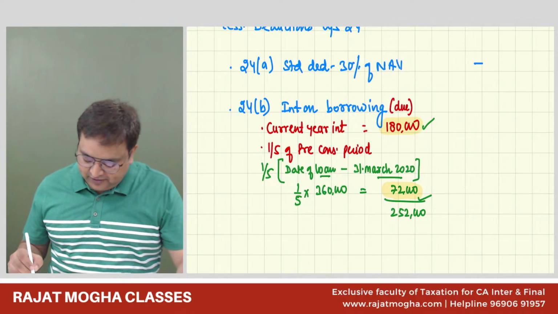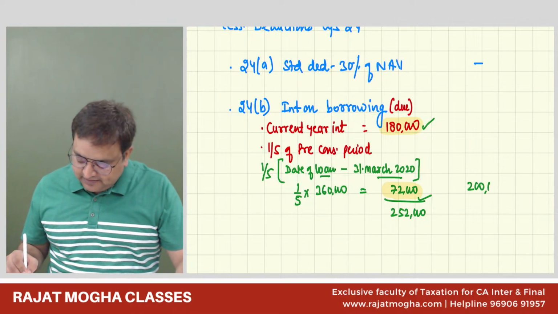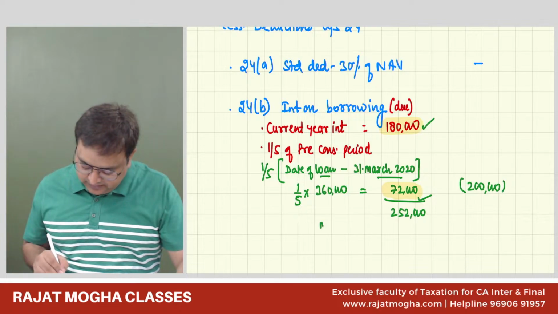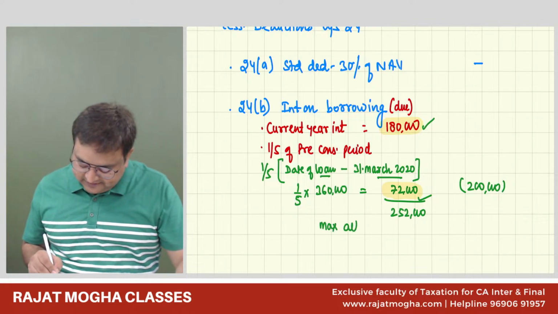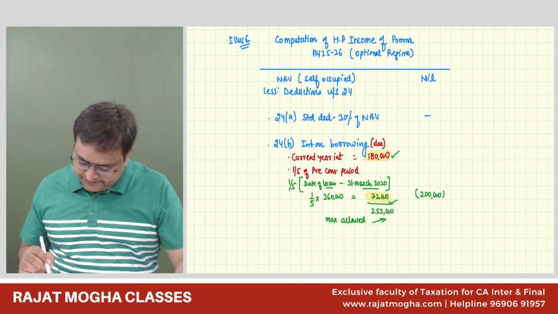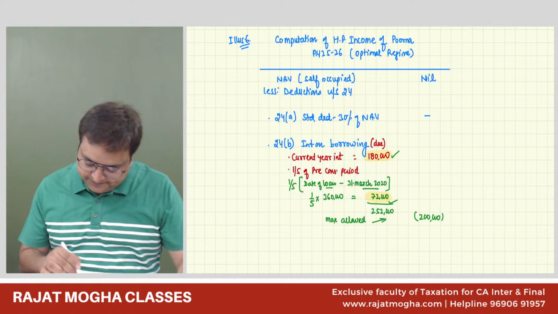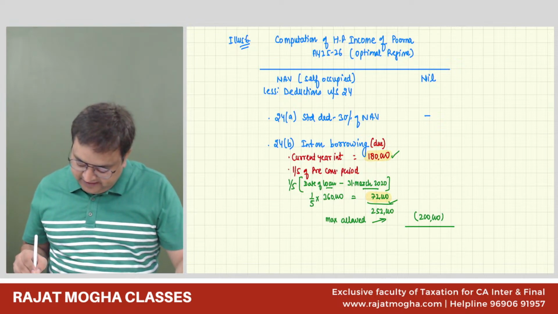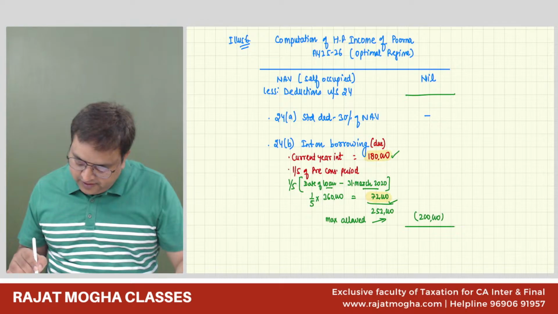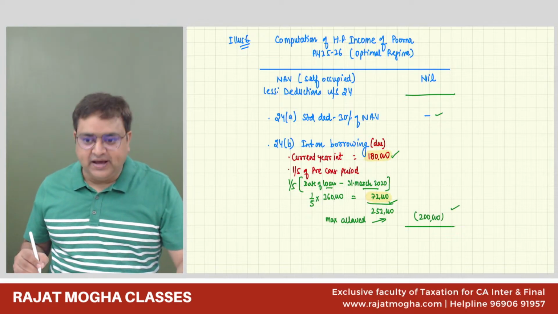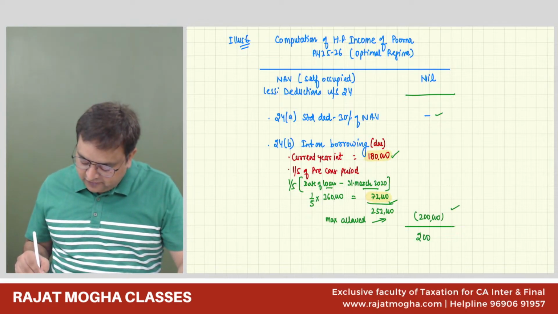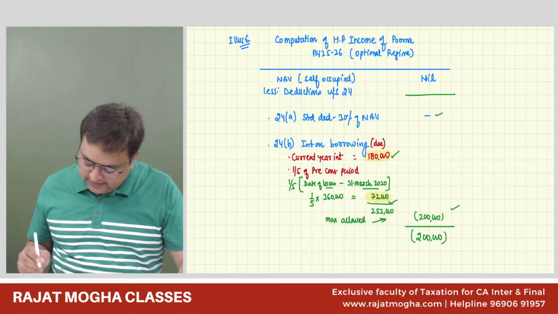So since it is for construction, 2 lakh is the maximum. So maximum allowed is 2 lakh. So in this case, NAV is nil, 24(a) is 0, 24(b) is 2 lakh. So this is income under the head house property, minus 2 lakh, nil.